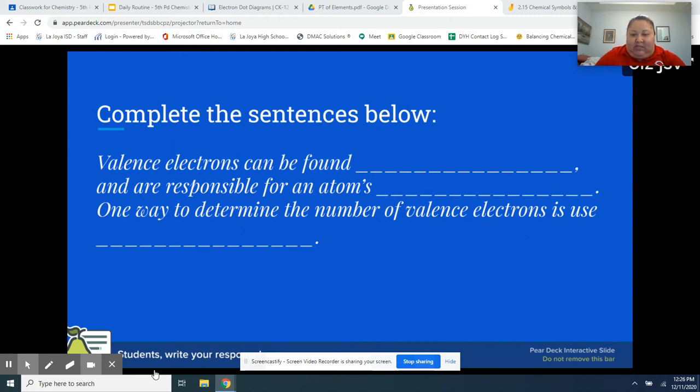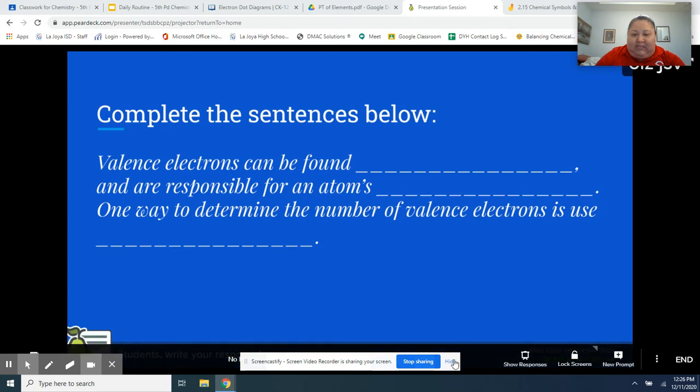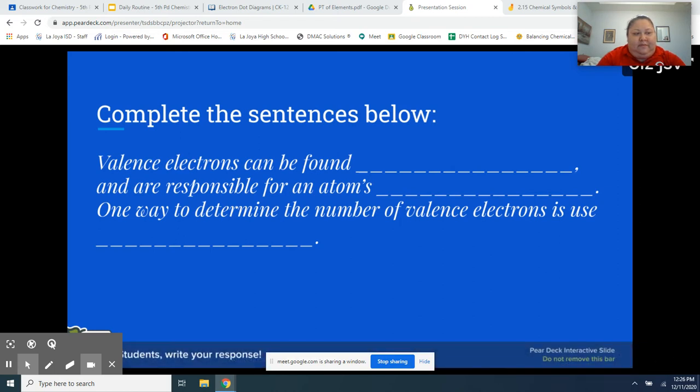Valence electrons can be found where? Where can we find valence electrons, guys? Anybody remember what I said from the last slide?